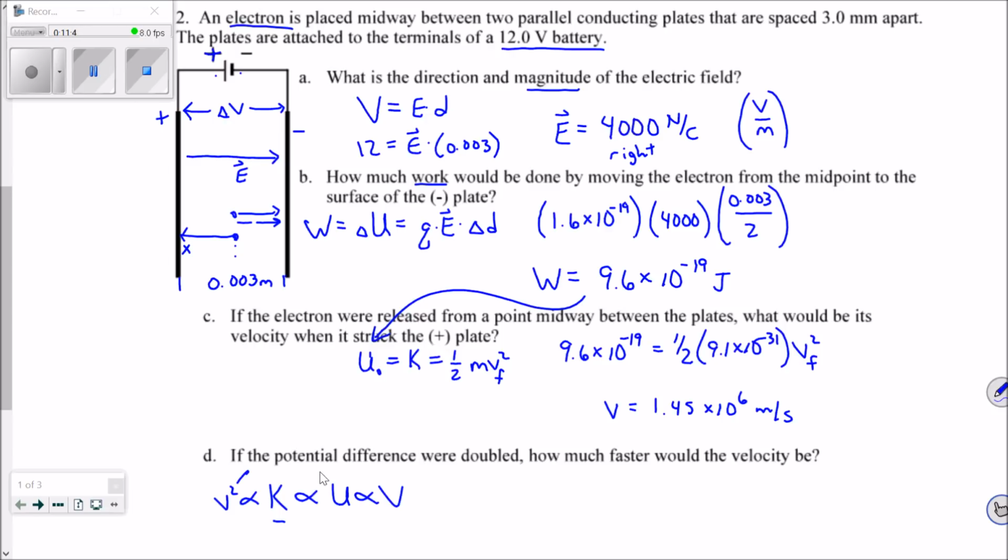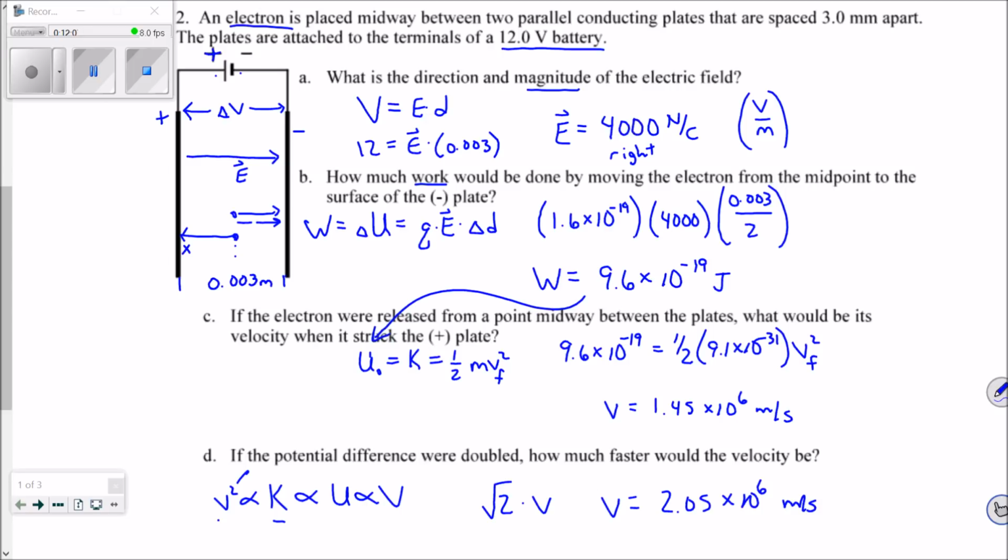So I need to see an increase of square root of 2 times my original velocity. So our new velocity would not be doubled. It would only be 2.05 times 10 to the 6th power, once again meters per second.